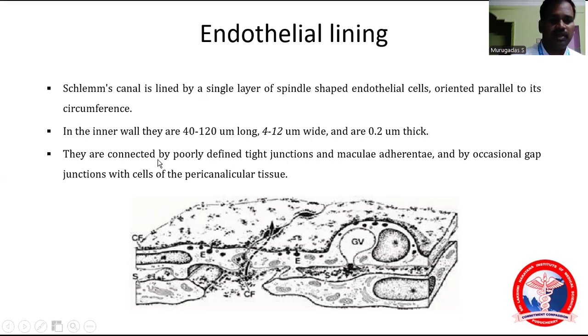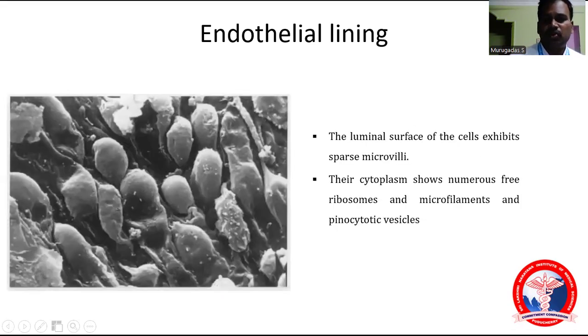They are connected by poorly defined tight junctions and macula adherens and by occasional gap junctions with cells of pericanalicular tissue. The luminal surface of the cells exhibits sparse microvilli. Their cytoplasm shows numerous free ribosomes, microfilaments and pinocytic vesicles.